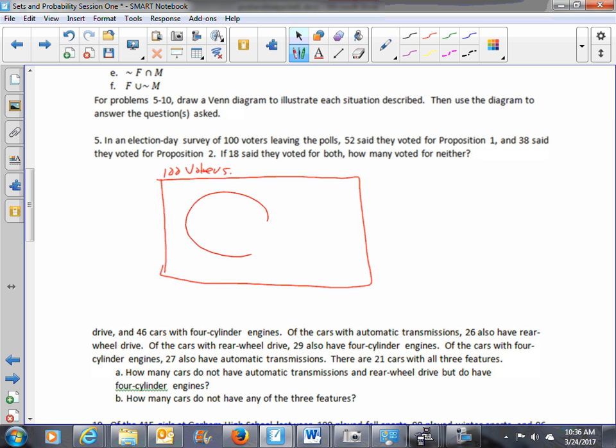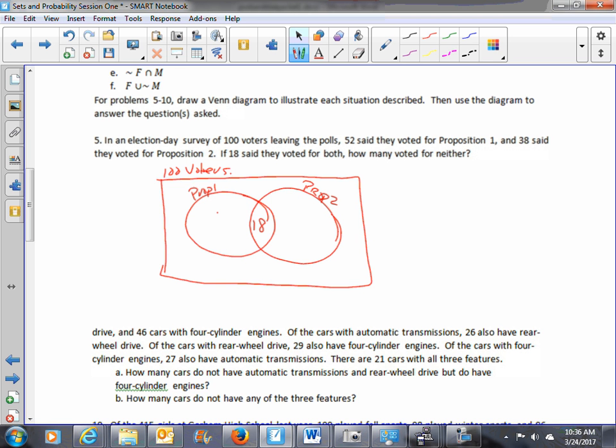Now, 52 said they voted for Prop 1. And 38 said they voted for Prop 2. Now, 18 said they voted for both, so we've got 18 here.